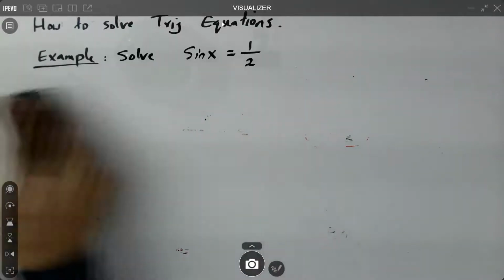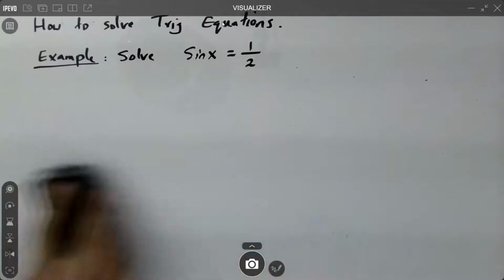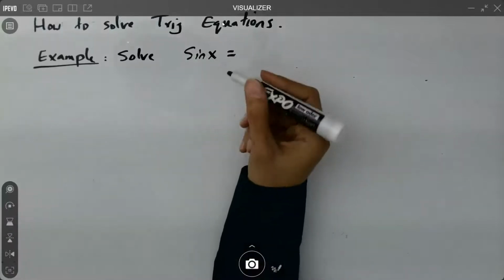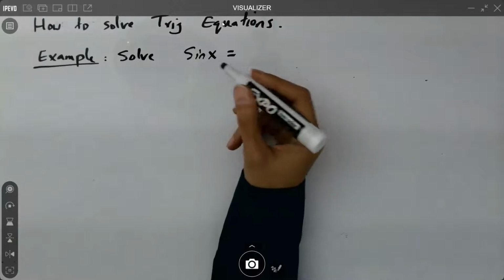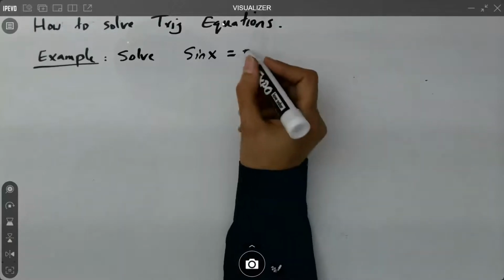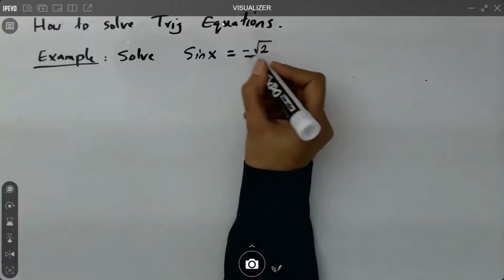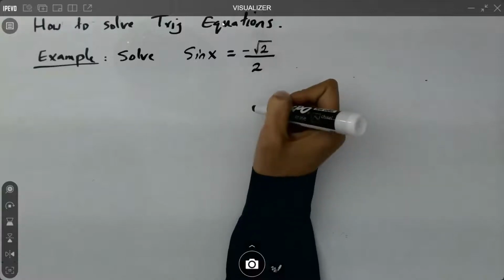Now suppose I ask you to find the solutions of the following equation. So here we have sine x equals negative square root of 2 divided by 2.